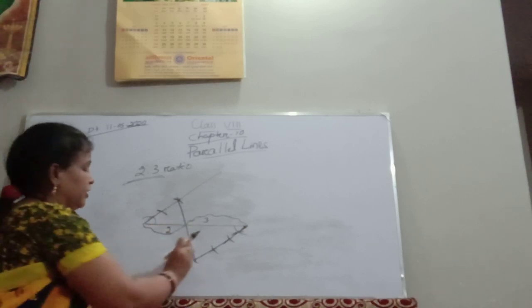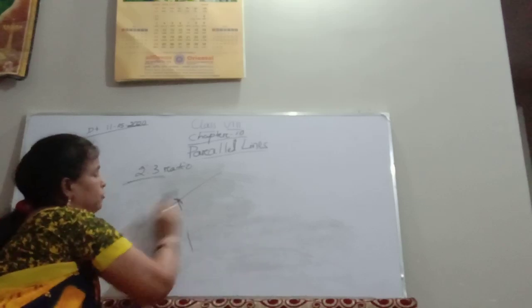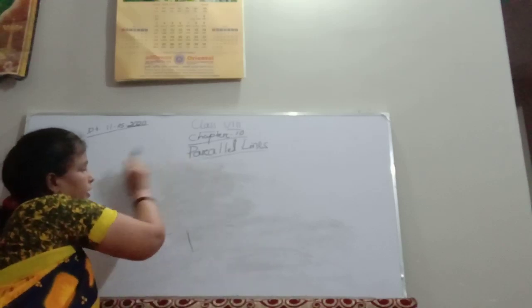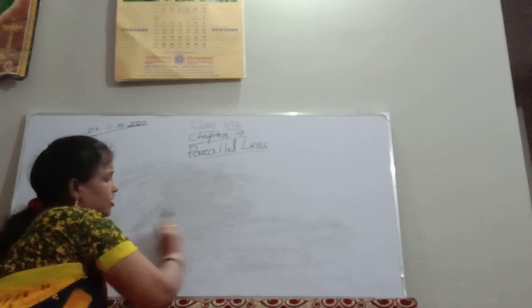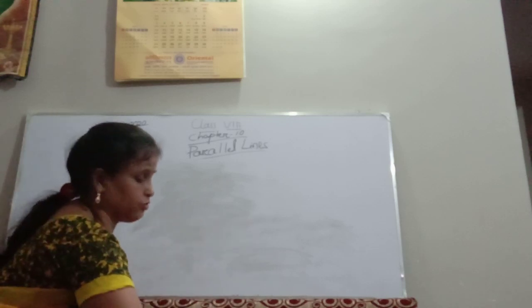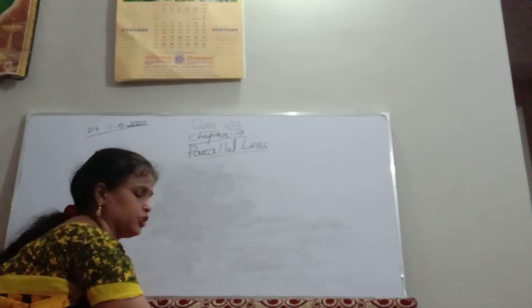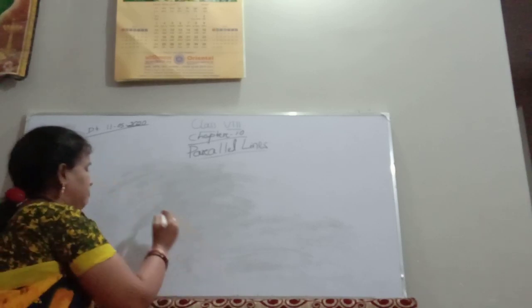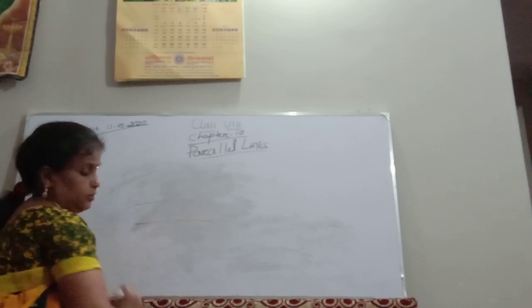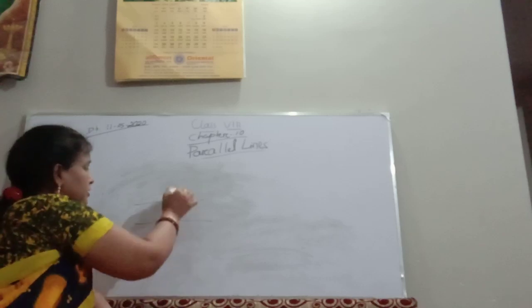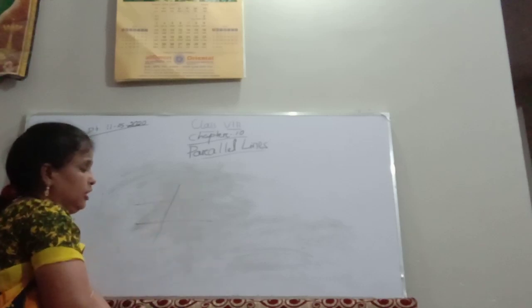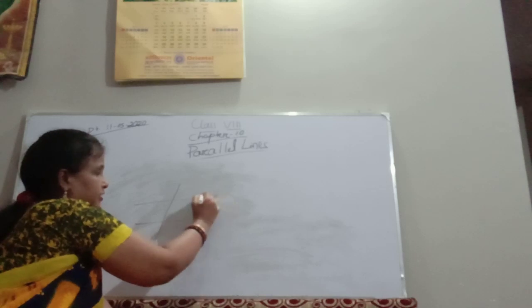And one more thing, in every question you solve, in any construction you have to write the statement. Suppose a question is given with 2 lines parallel like this, and one transversal line here. So how will you write these lines?